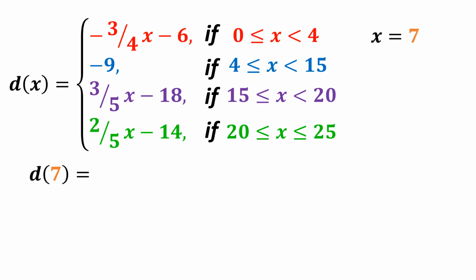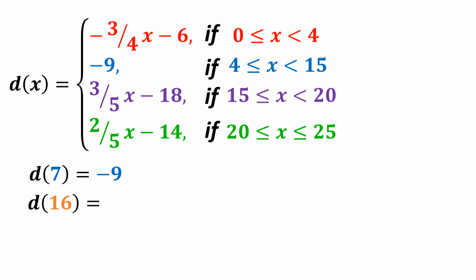So is x equal to 7 between 0 and 4 or equal to 0? And of course the answer is no. We're going to move to the next one. Is x between 4 and 15 or equal to 4? And the answer, of course, is yes. And so we're going to use -9 as our function when x is equal to 7.